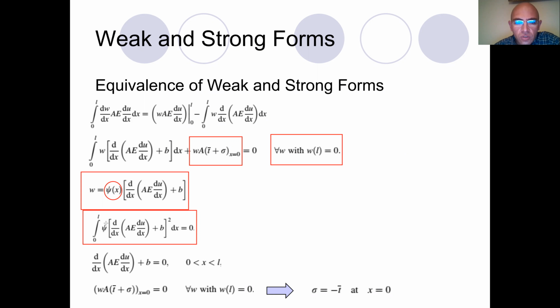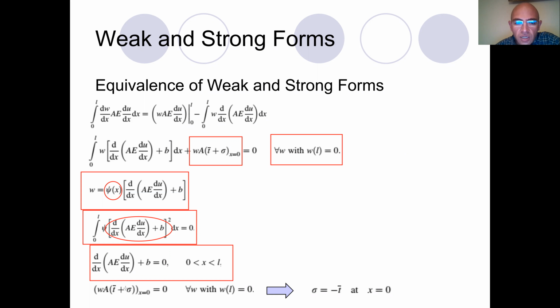Now, of course, the expression in brackets is also positive. And for this integral to be 0, the only way is that this expression has to be equal to 0 within this interval. This is the only way.